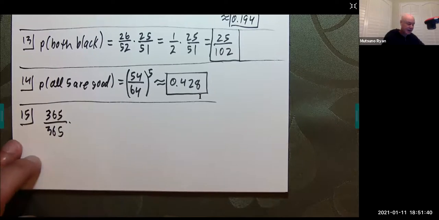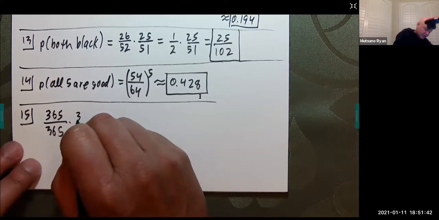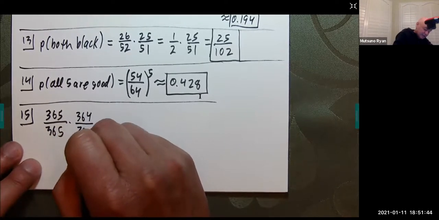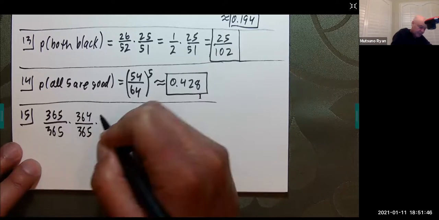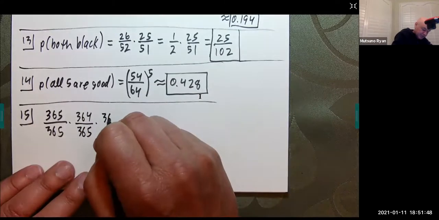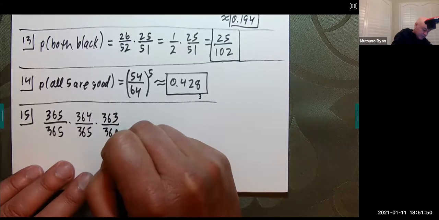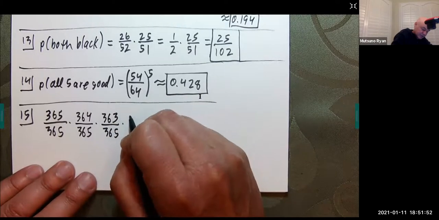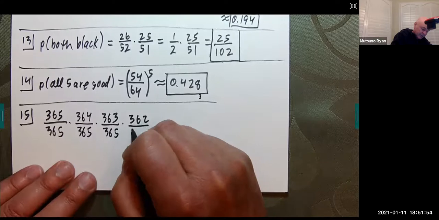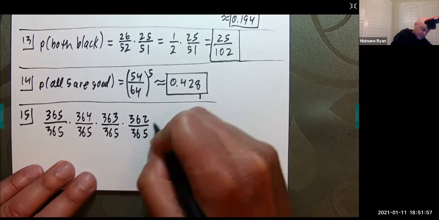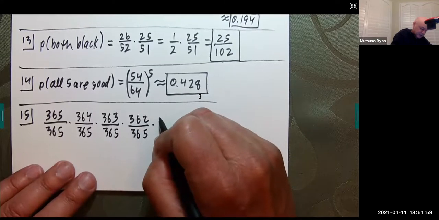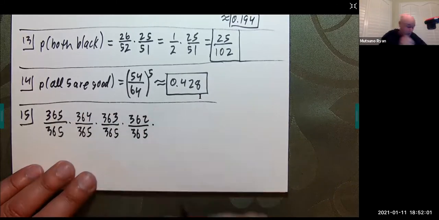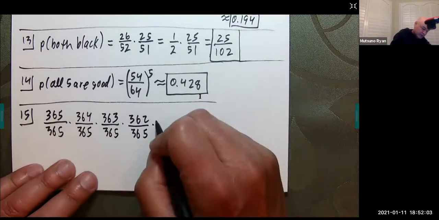Now the second person can't have the same, so they only have 364 choices out of the 365. The next person, 363 out of the 365. Next person, 362 out of the 365. How many people? It was 4 people. So that's it there.